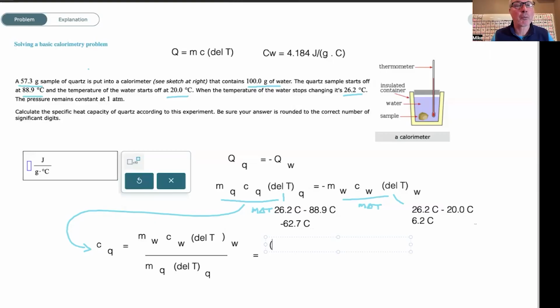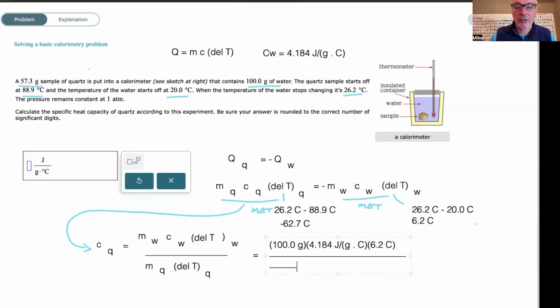The mass of the water was 100.0 grams. Specific heat capacity of water, which we're still assuming was given, 4.184 joules per gram per degree C. The delta T of the water was positive 6.2. We're not worrying about the negative sign anymore. Then divided by the mass of the quartz, 57.3 grams.